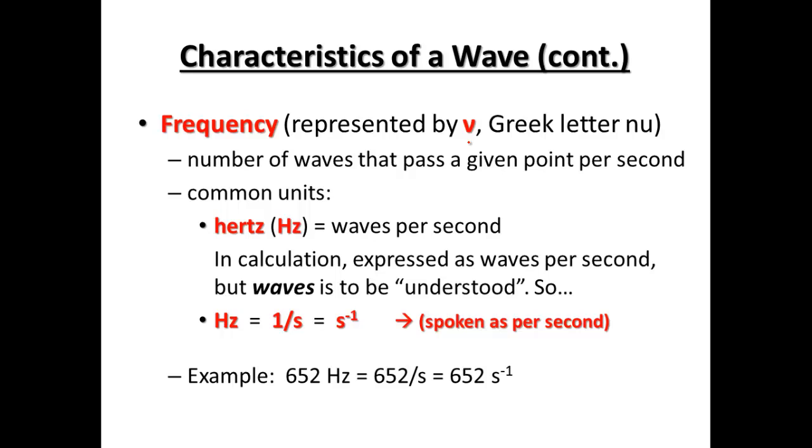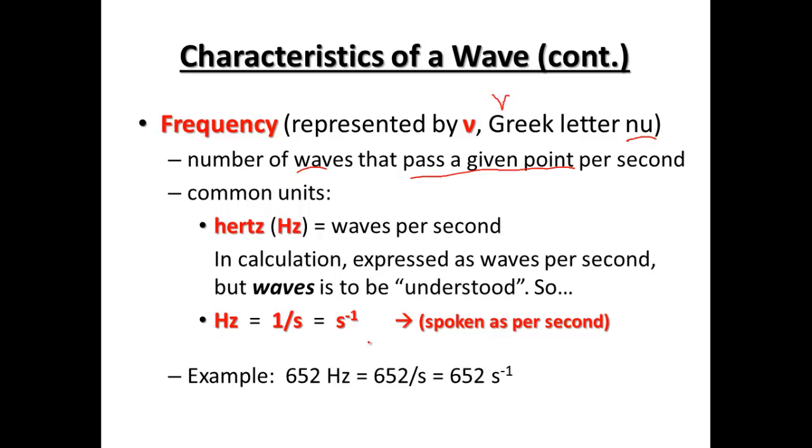The other term that we have for this chapter isn't the amount of waves, but how often they occur, or the number of waves that pass a given point per second. And that's represented by the Greek letter nu. Nu is the pronunciation, and it's kind of a fancy V. It's got a little bit of a tail to it there.